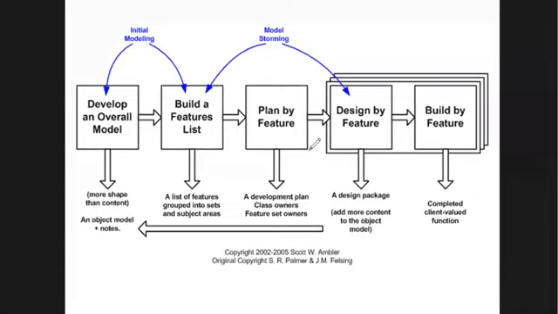Now, this is the diagrammatic representation for FDD. FDD defines 5 collaborating framework activities. These are the framework activities that are going to be implemented.